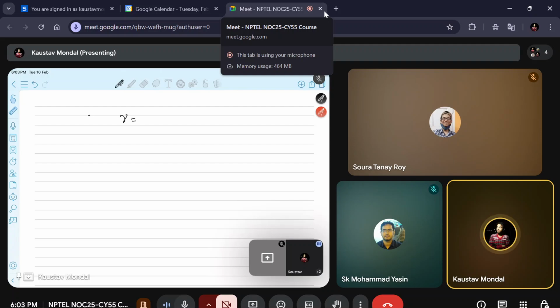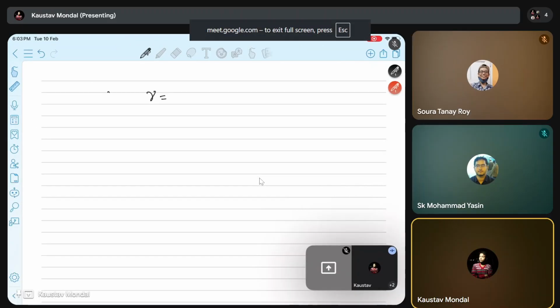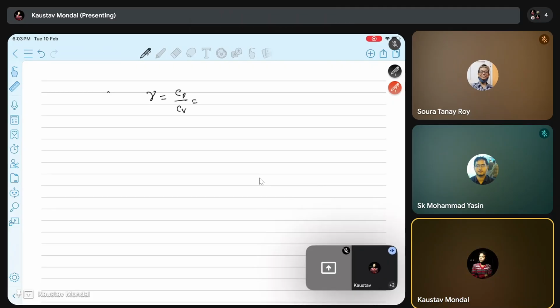Gamma is basically Cp by Cv, right? That is something like 1 plus 2 by F, where F is the degrees of freedom.